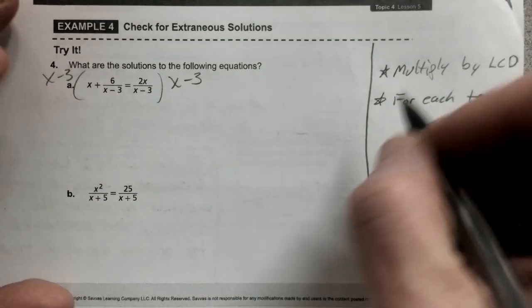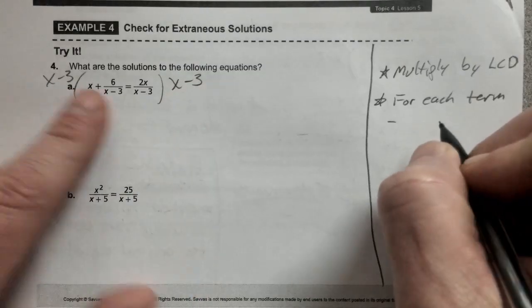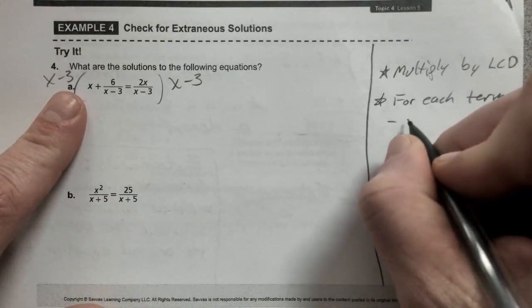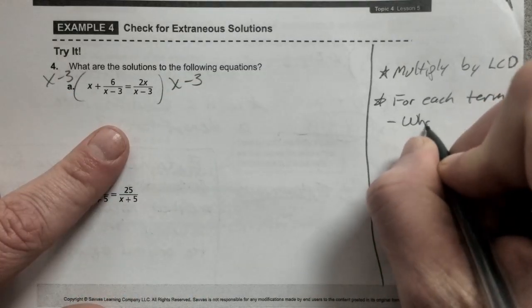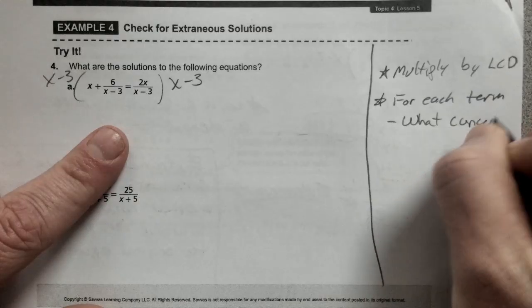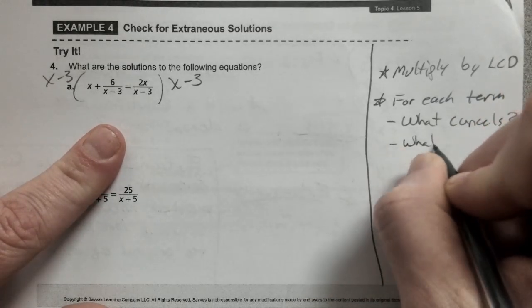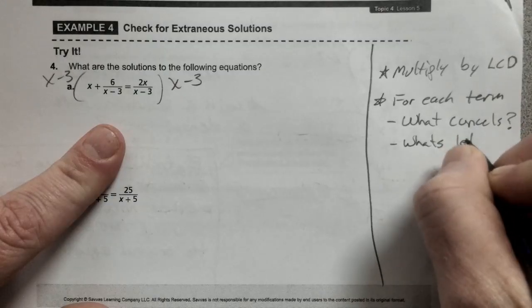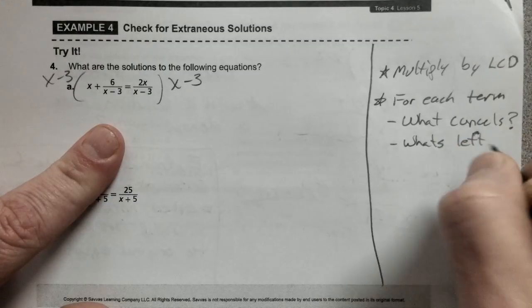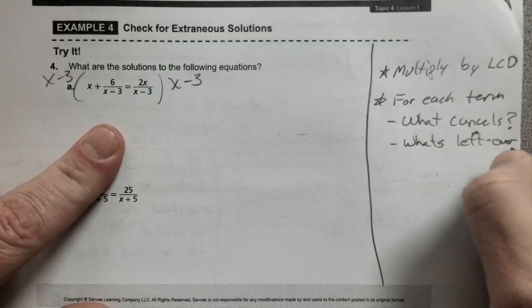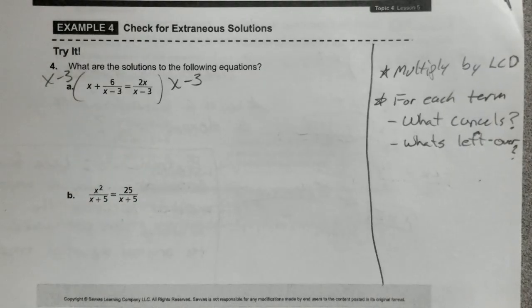So those are all 3 of our terms. Now, for each term, when we multiply it by the LCD, we need to ask ourselves 2 questions. What cancels? And what's left over? Here we go, Chloe.